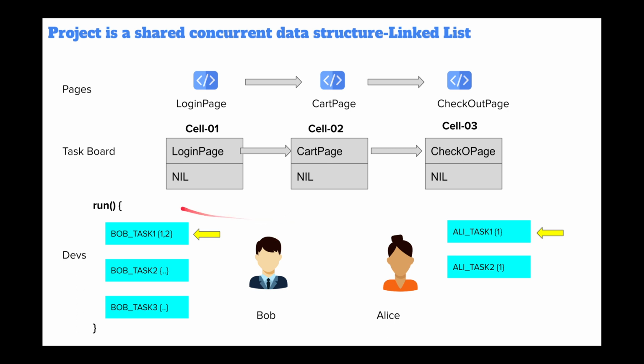Bob has got 3 tasks and Alice has got 2 or 3 tasks. Each of these entries in the task board can be thought of as cell 1, cell 2 and cell 3. So Bob's task 1 is going to work on 2 cells, which are 1 and 2, and Alice's task 1 is going to modify cell 1, and things like that.